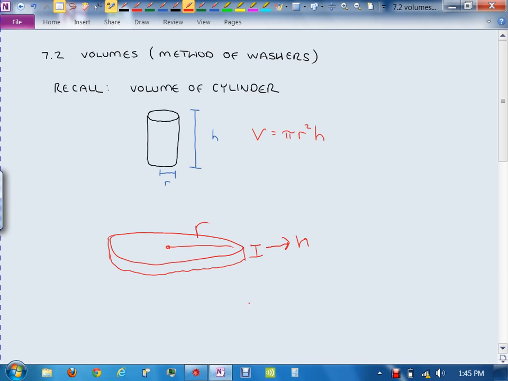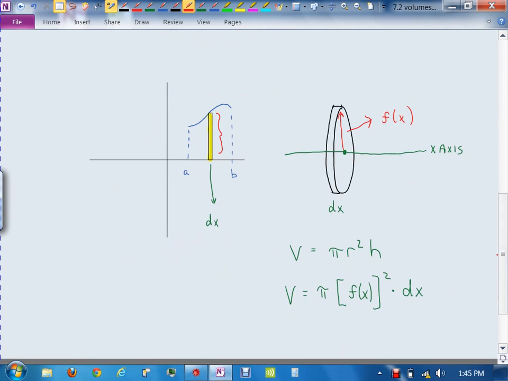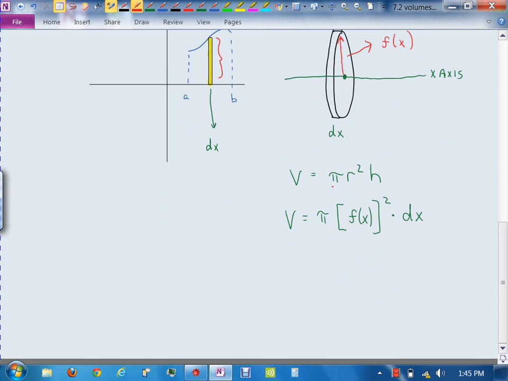So on our picture, it's that laying on its side. The dx is the height. Do you see that? Okay. So everything matches up in the formula here. We've got pi is pi, radius is f of x, there's my squared, and my height is dx. And that would give me the volume of that one little washer, right?